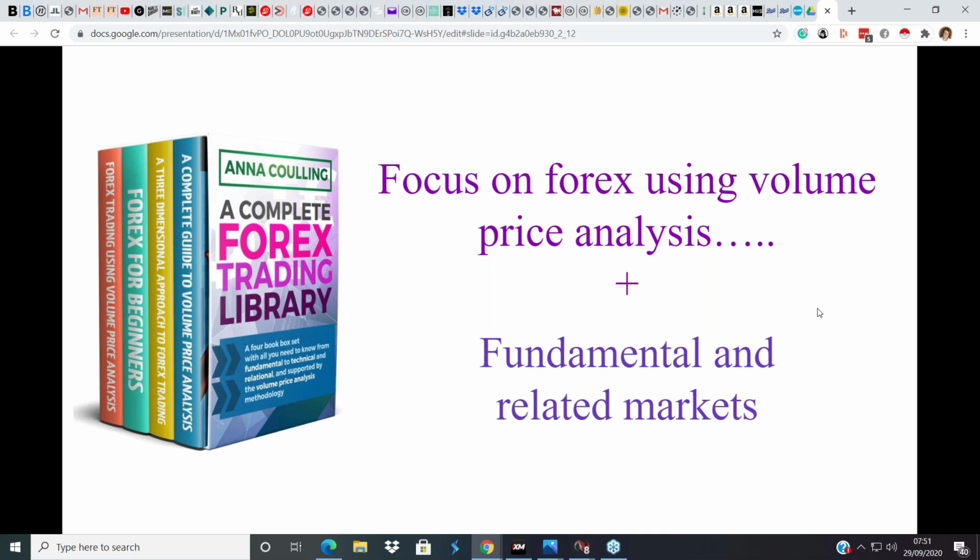And what we're going to do is look at the Forex market, particularly on the charts, using a methodology which we call volume price analysis. This is where we look at the price action, but we also look at the volume, the activity, the participation, if you like, that goes with that price action, to tell us whether that move is genuine, because we're always looking for anomalies.